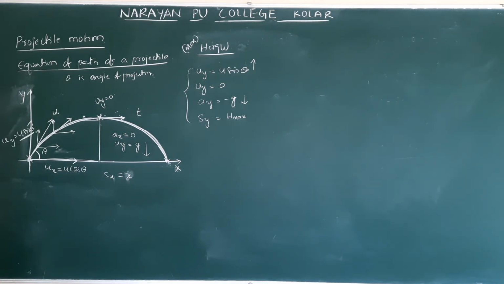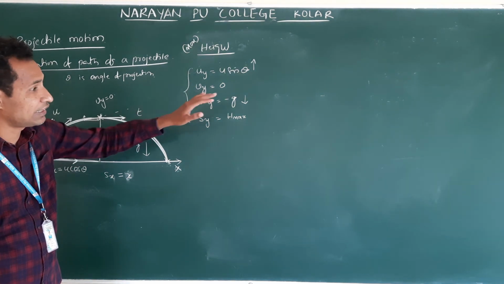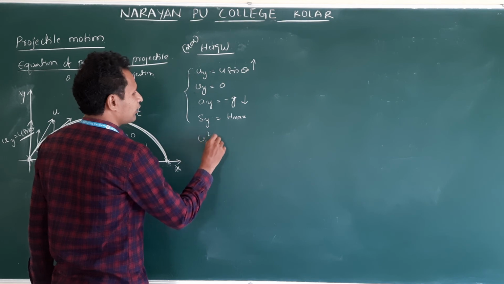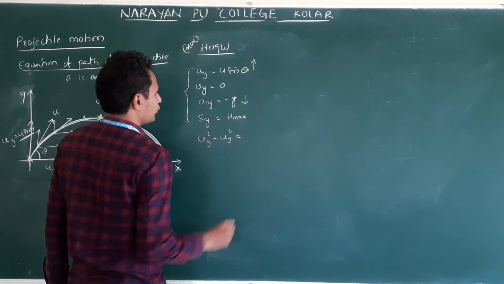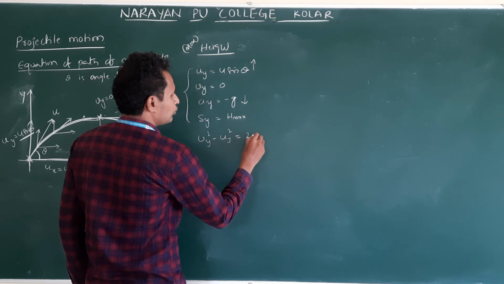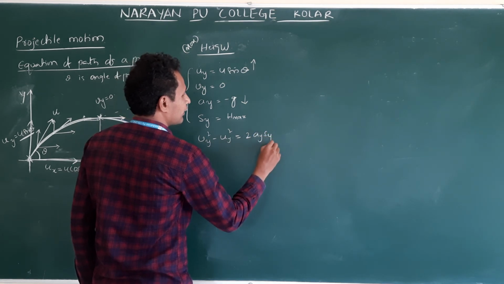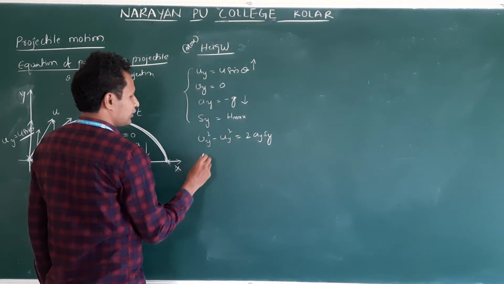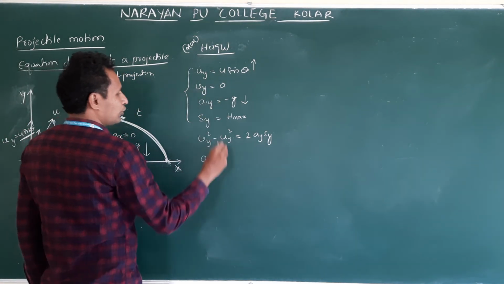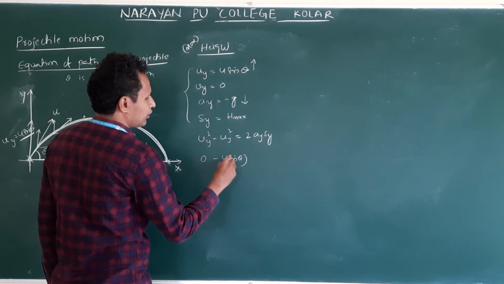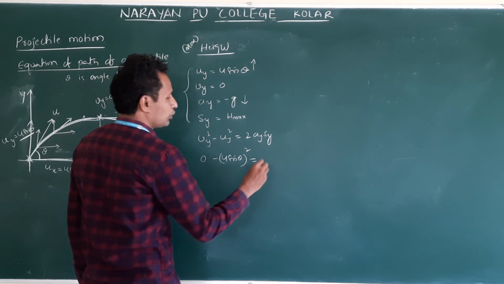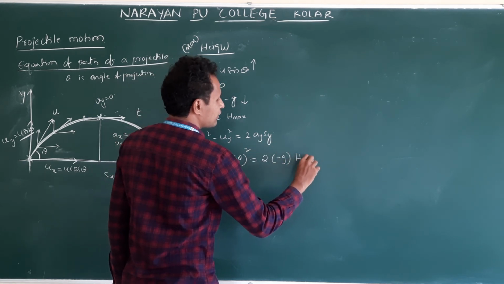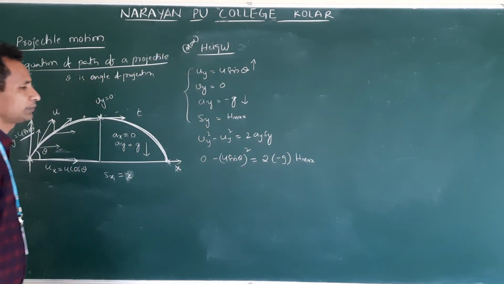Which equation contains these terms? Already we have seen 6 equations. That is vy square minus uy square is equal to 2ay sy. Am I correct? So vy finally 0 minus (u sin theta) whole square is equal to 2 times minus g times sy, and sy we are considering as h max.